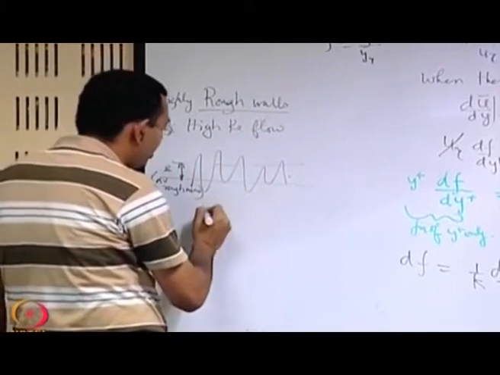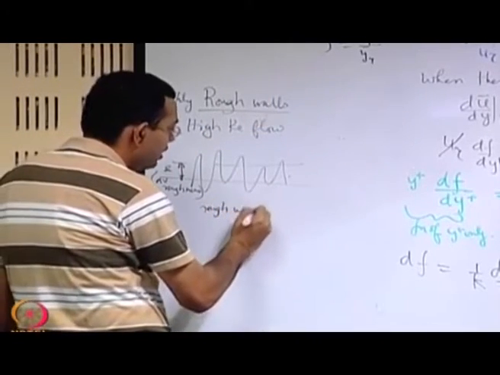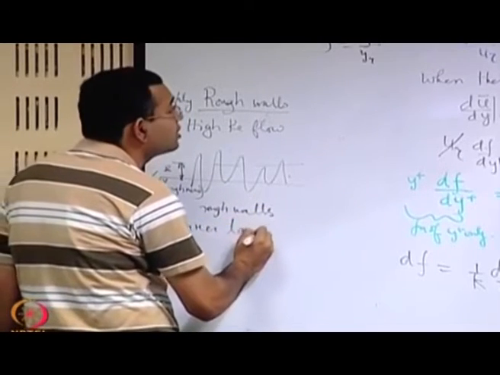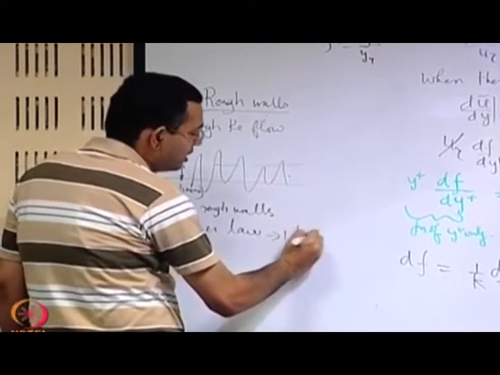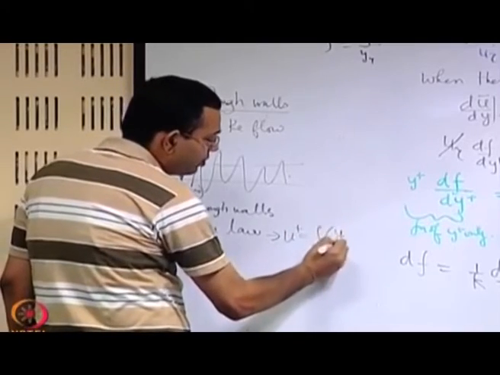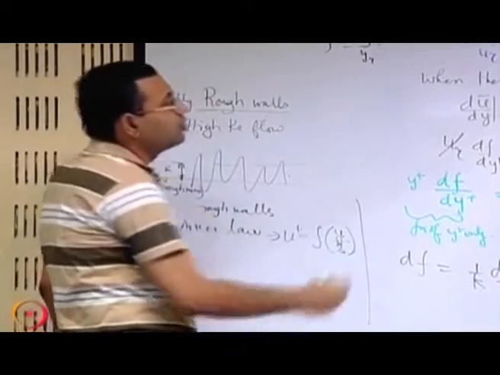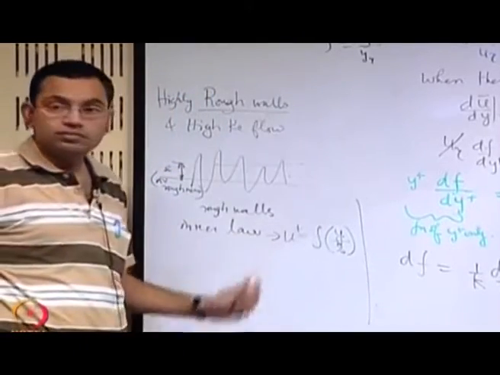So for rough walls the inner law is changed to what? U plus is now a function of y by S, not a function of y by y tau. That is the only change.